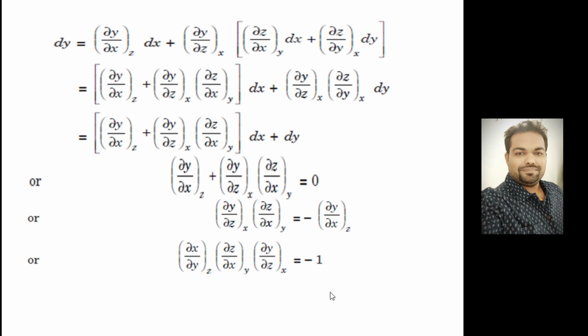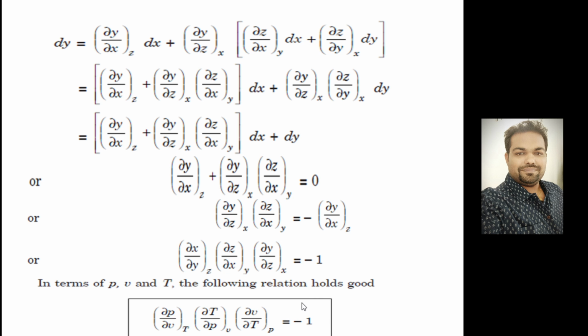these two equations. So let's suppose we say that x, y, z are the variables. They are now replaced by pressure, volume, and temperature, because the fundamental properties of a system are pressure, volume, and temperature. Let's suppose x is pressure, y is volume, and z is temperature. I can write a similar sort of equation for all these three in this way, right?